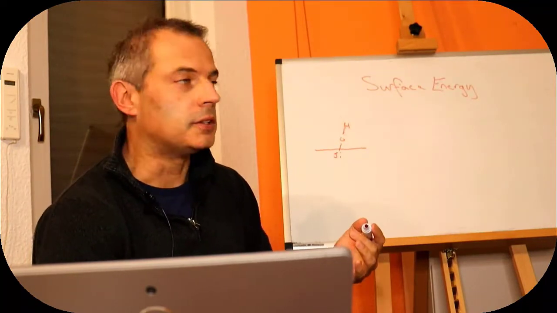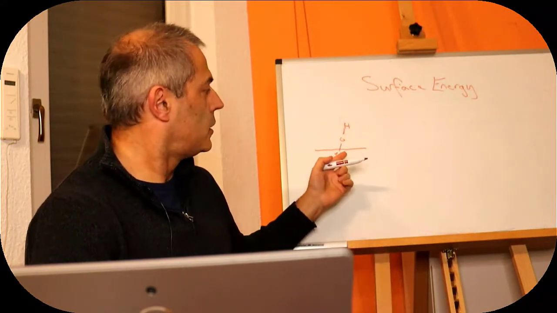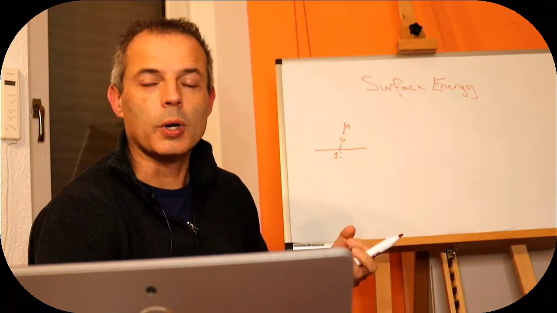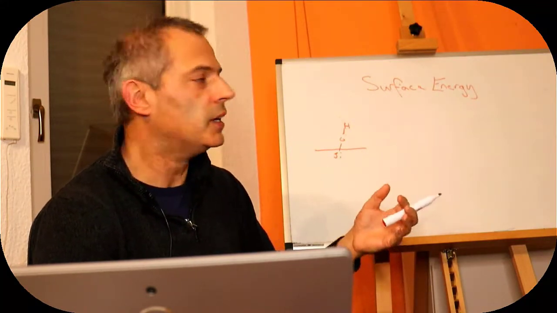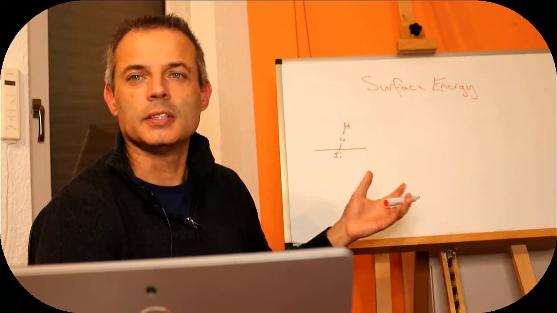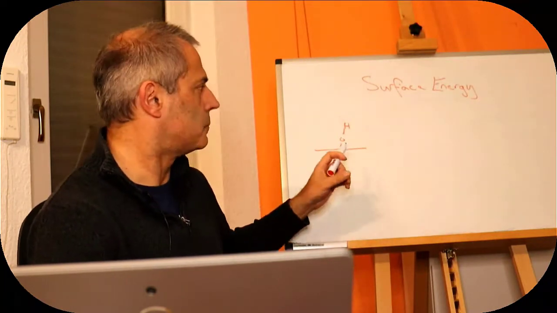If we think of this in terms of solutions, if we take water, it's a polar liquid that can do hydrogen bonding, so it's got a higher energy. If it forms a solid, ice has a high surface energy, approximately equal to that of water.